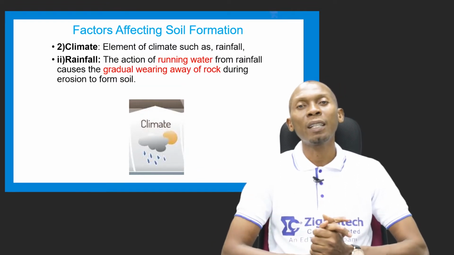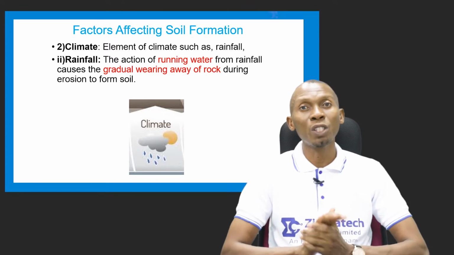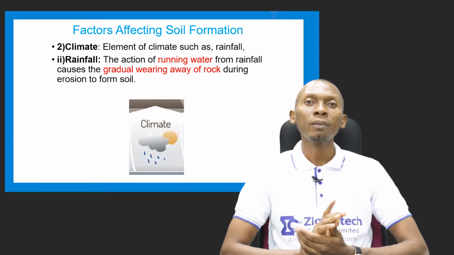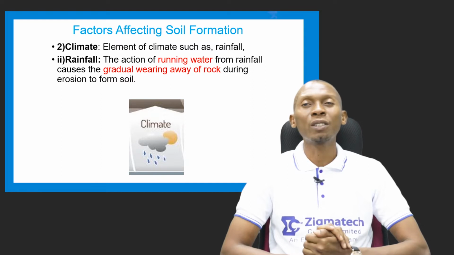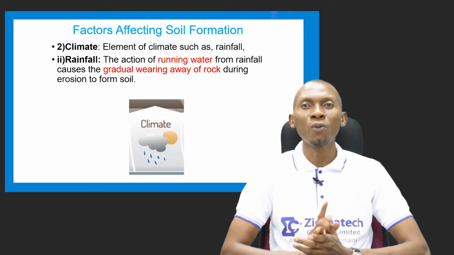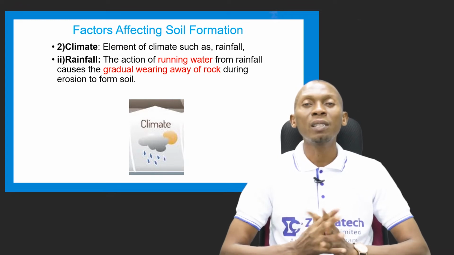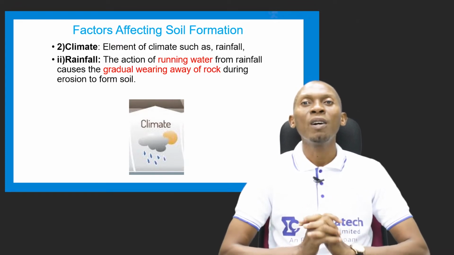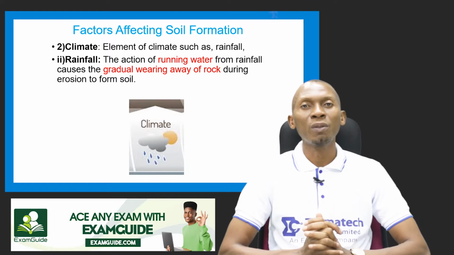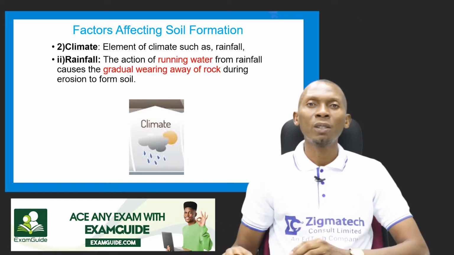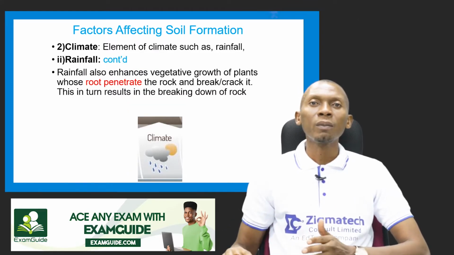We also have another climatic factor, which is rainfall. Rainfall has to do with the action of running water from rain. As the water is running, it causes some gradual wearing of the rocks during erosion, and this helps to form soil.